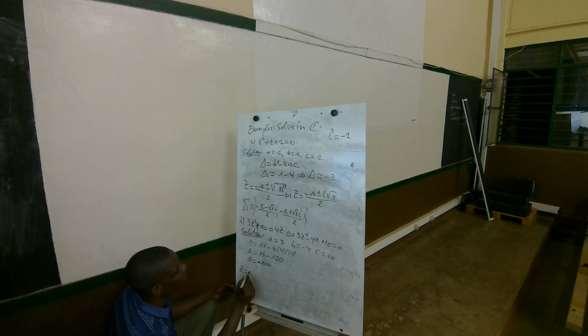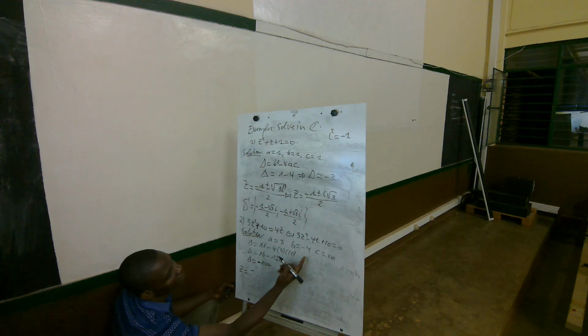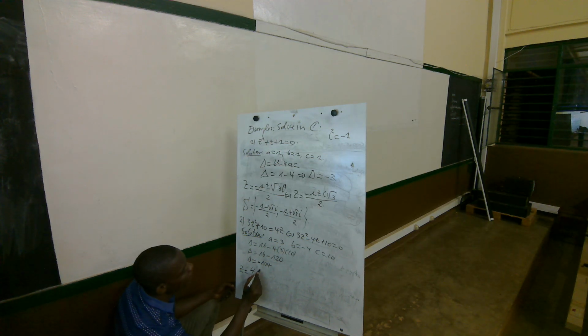So now, it means that our z will be equal to negative b. b is negative 4, that is 4, plus or minus i square root of 104 over 2.